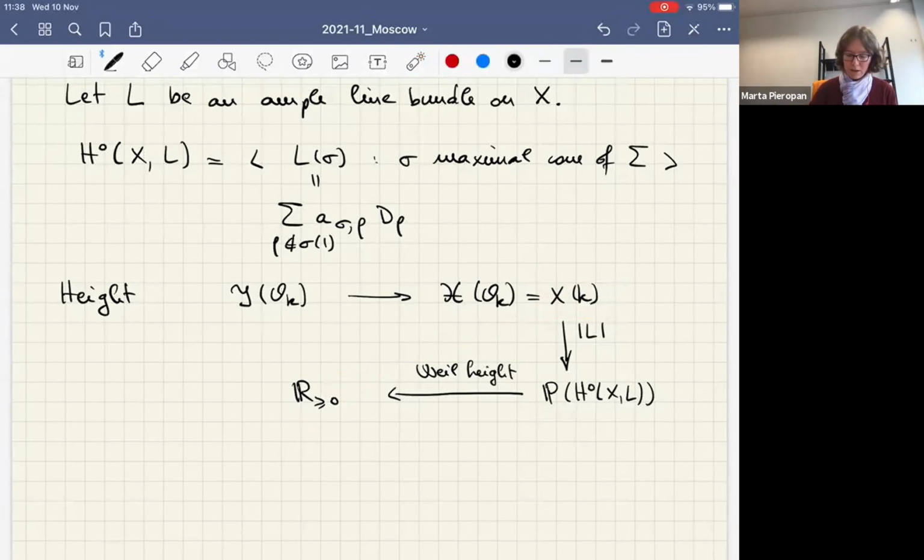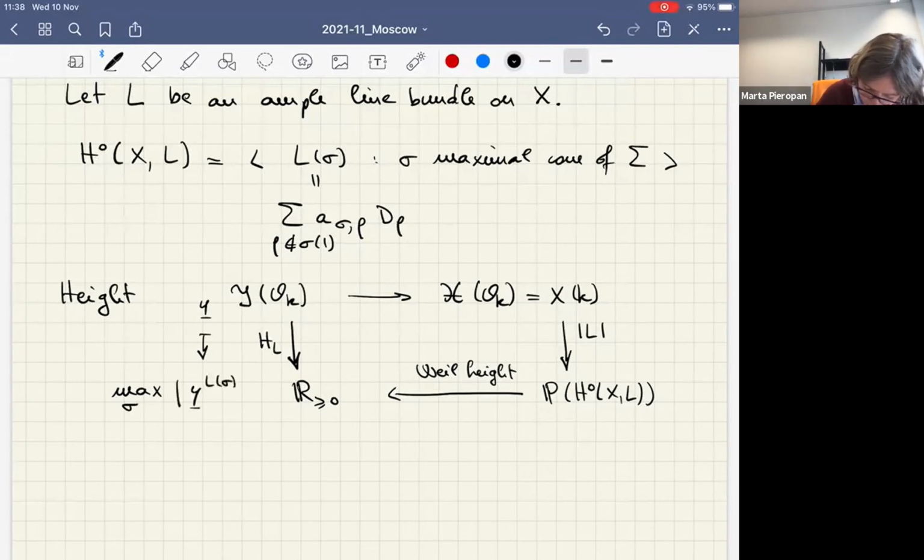We can write down the height very explicitly on the torsor. So here we have a map, and I'm going to call this one my height, because I'm going to use it later on. It is a map that sends a point to the maximum over all these maximal cones sigma of absolute values of monomials corresponding to these L_sigmas.